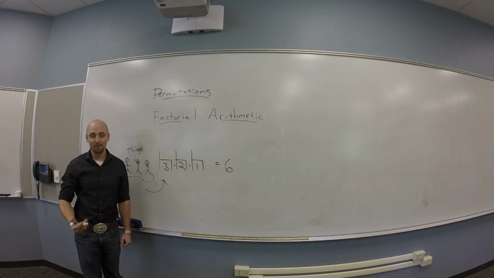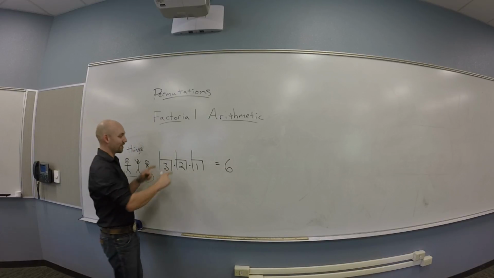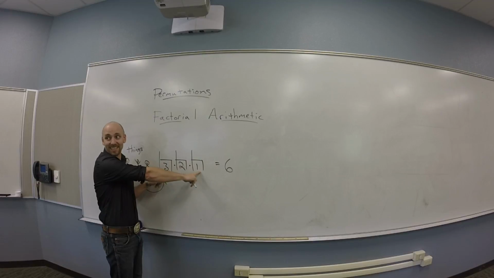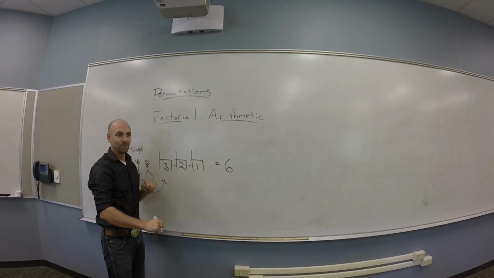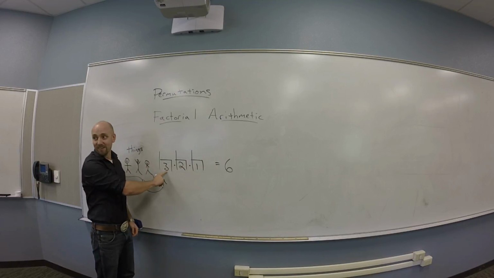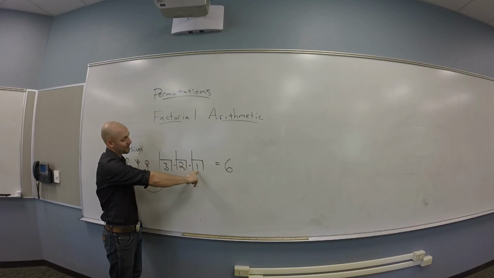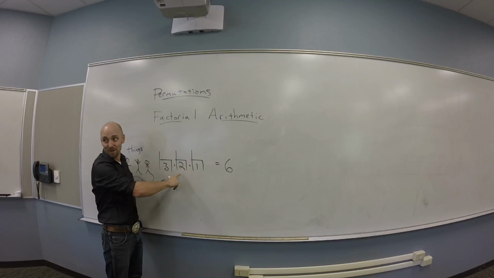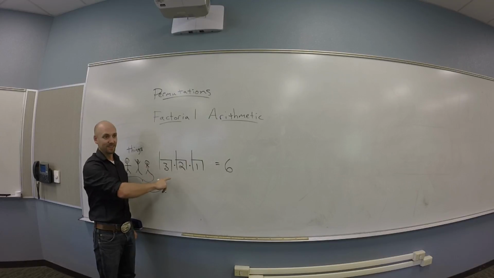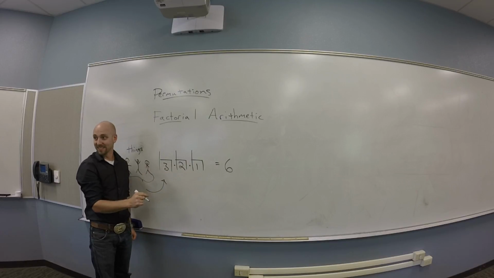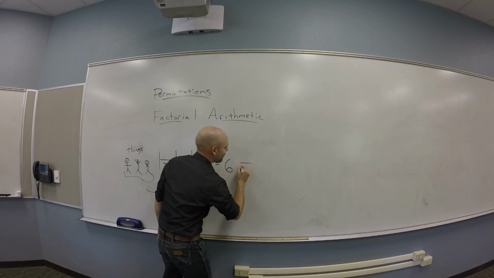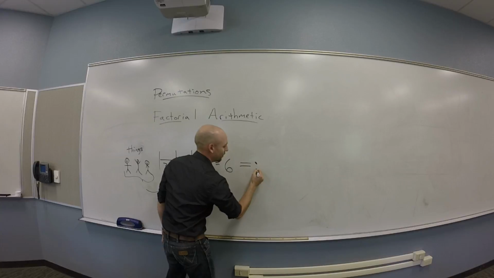Now this idea happens so much that I want to define this as an idea. You guys notice I had 3, right? And then I multiplied that by 1 less than 3, and then I multiplied that by 1 less than what I multiplied by before, until I got to using up all the things. You guys see that? So I'm going to make a new symbol to mean that idea.